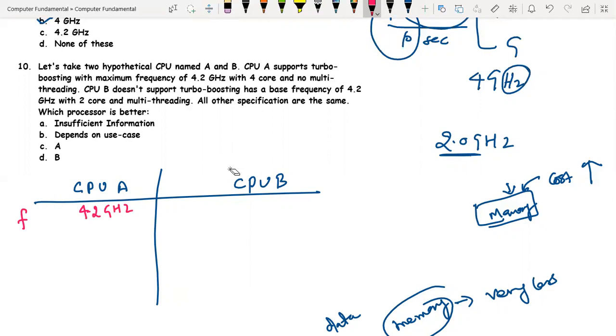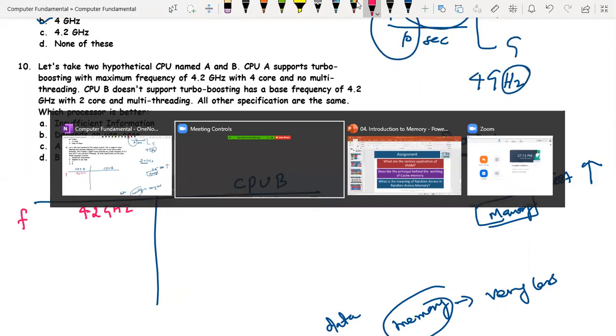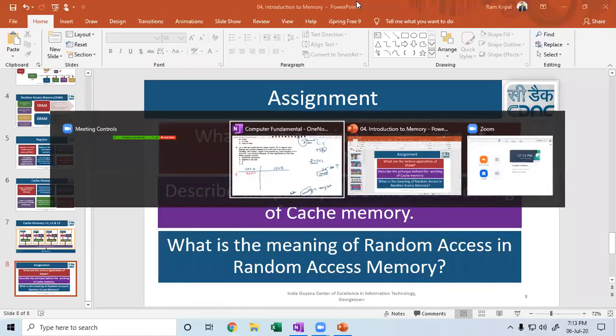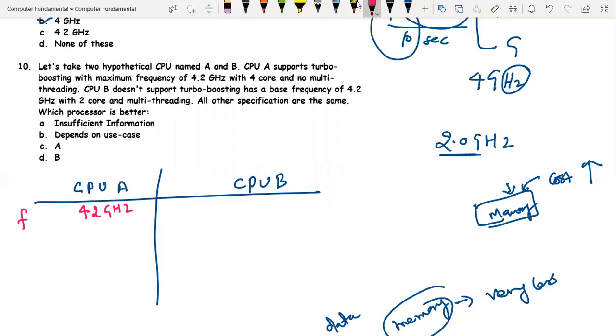I think it's 4 gigahertz or 4.2 gigahertz in the question. Can you check? It's 4 gigahertz here.